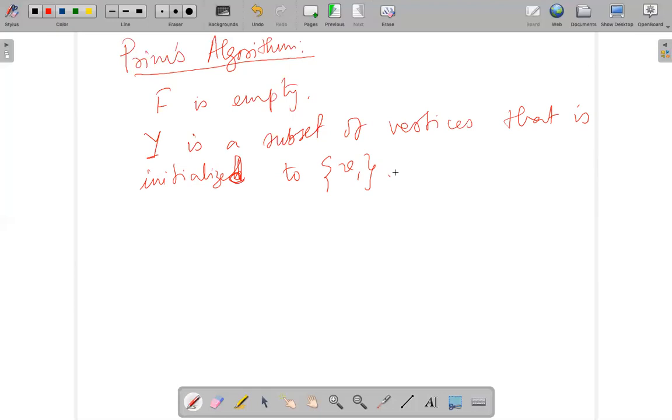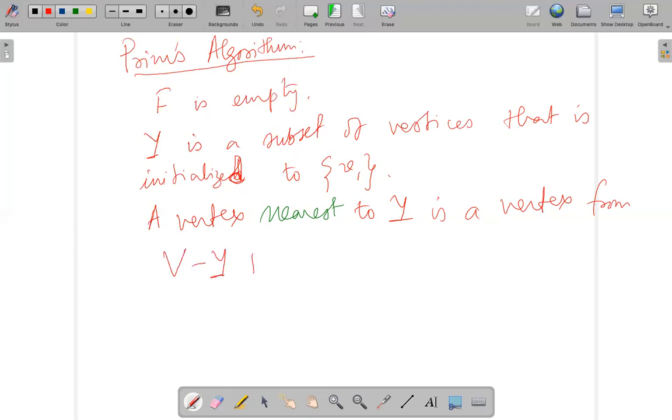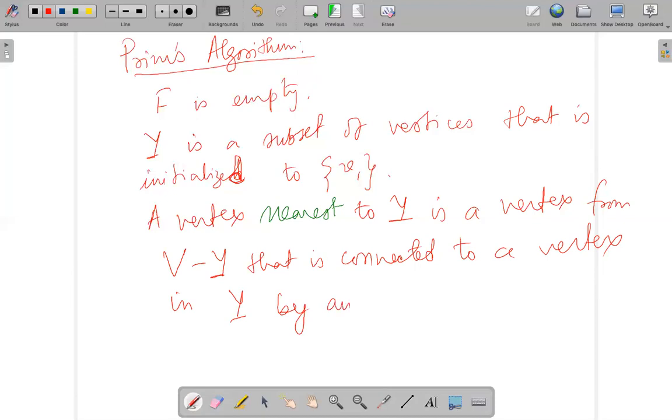Now a vertex nearest to Y is a vertex from V minus Y that is connected to a vertex in Y by an edge of minimum weight.